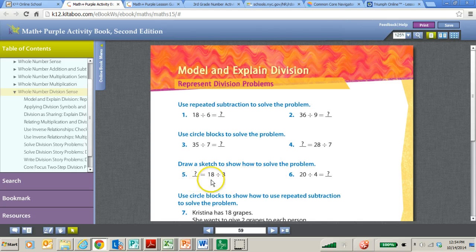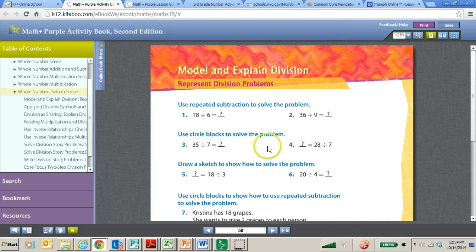This is important when you have a problem written the opposite way. So right here we have the equal sign and then the quotient coming at the end. Here we have the quotient coming at the beginning. But what we need to reiterate is that the equal sign means the same as. This number that's missing is the same as 18 divided by 3.